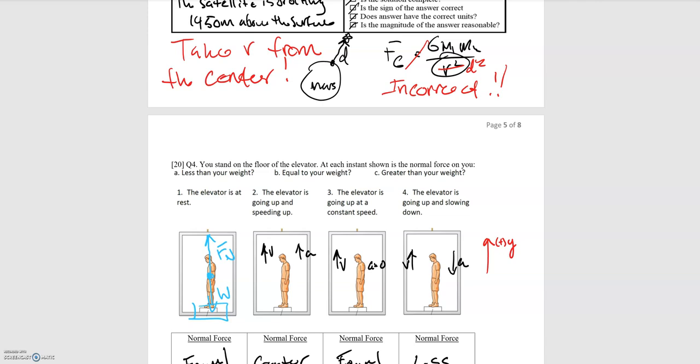Since you're not moving while measuring your weight, the acceleration is 0. So that normal force upwards is an accurate representation of your weight. It equals your weight.